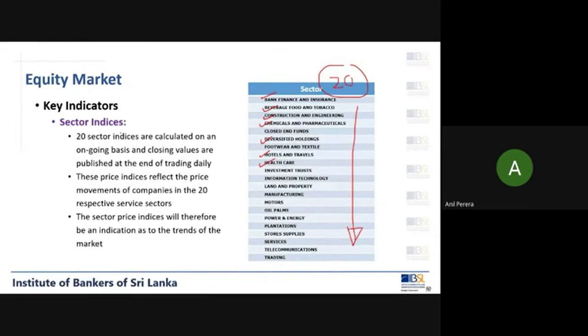So in Sri Lanka, you calculate 20 sub-indices for these sectors. Why is it important? It reflects the performance of each sector. For example, as an investor, you would like to know these days what is the performance in the tourism sector, which means the hotel sector.